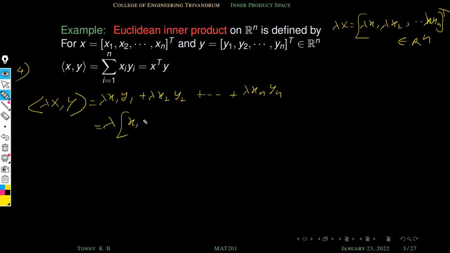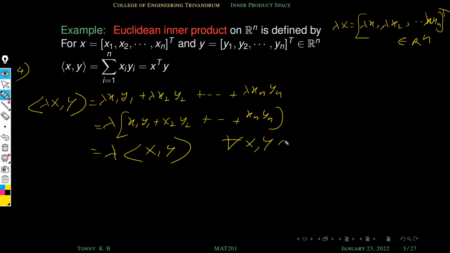So lambda into x1 y1 plus x2 y2 etc. plus xn yn. This is our inner product of x and y. So inner product of lambda x comma y is equal to lambda times inner product of x comma y. This is true for every x comma y belongs to Rn and for all lambda belongs to R. So this function satisfies our fourth condition.